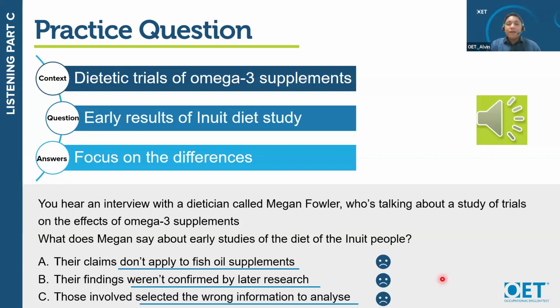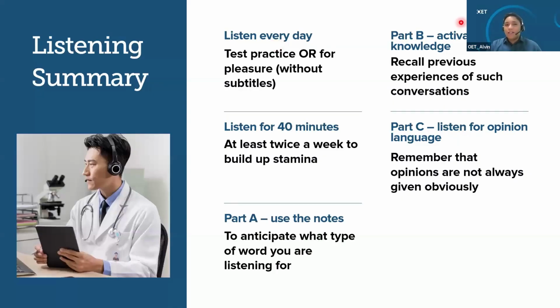All right. So I'm just gonna try to wrap up from this, but before we wrap up, I just want to show you a few tips, maybe in general, when you try to answer OET listening subtests. These are just 5 important things to remember. Number 1, it's important that you try to listen every day.